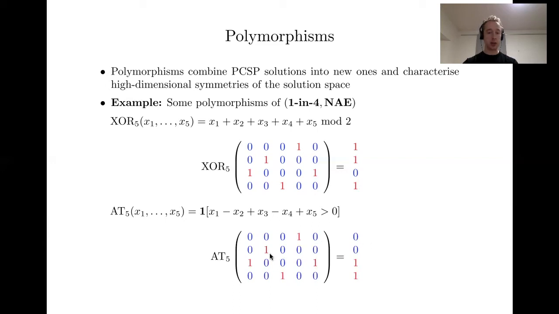Similarly, in the second row, we have a 1 in the second coordinate, so our function will return 0. In the third row, we have a 1 on the first and fifth coordinate, giving an alternating sum of 2, and we get a 1 as output. And in the last row, we have a 1 on an odd coordinate again, giving an alternating sum of 1. And again, our output tuple is an NAE tuple. It turns out that the template 1 in 4, NAE has XOR and AT polymorphisms of all odd arities, from which it derives its tractability.